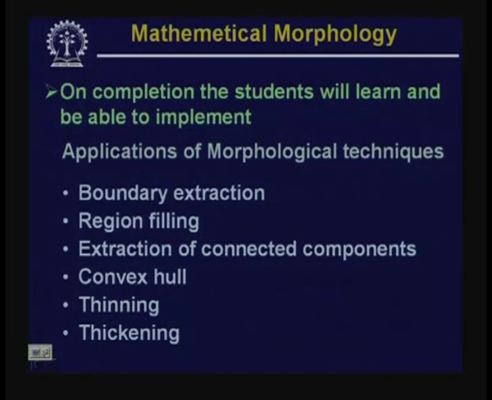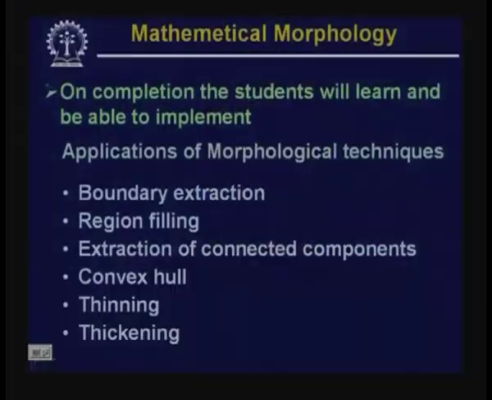Then we will also discuss two more algorithms. One is thinning and the other is the thickening operation. Given a point set or an image, we will find algorithms to thin that image, because in one of our earlier lectures we said that the structural information of an object is contained within the skeleton of that object shape. For that, earlier we said something about the medial axis transformation.